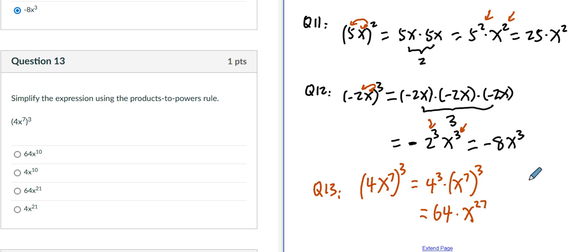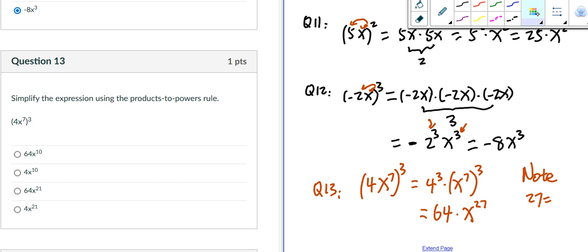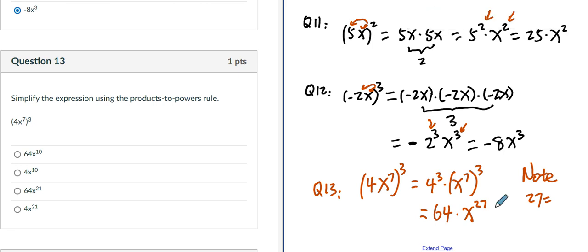Okay. Here, the note is 27 equals, no, 21, huh? How can I get 27? No. So 21, 3 times 7 is 21. So then here, let me erase that.